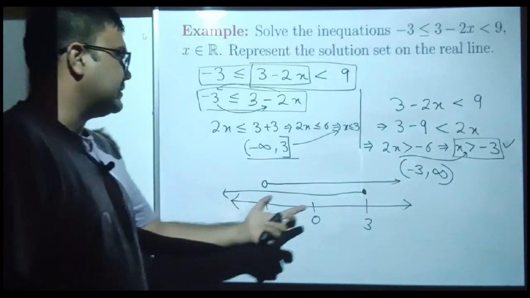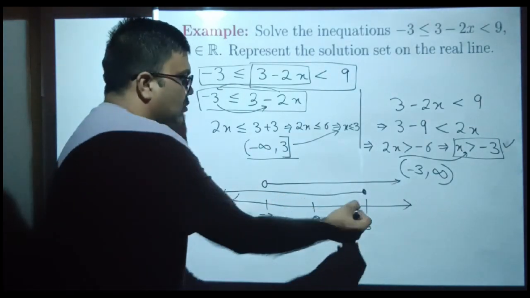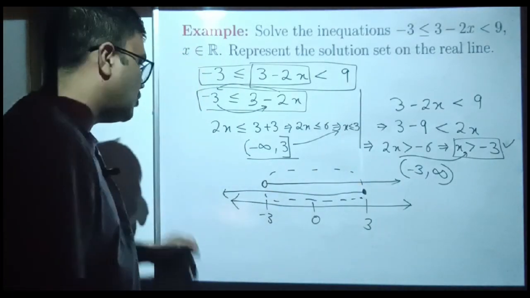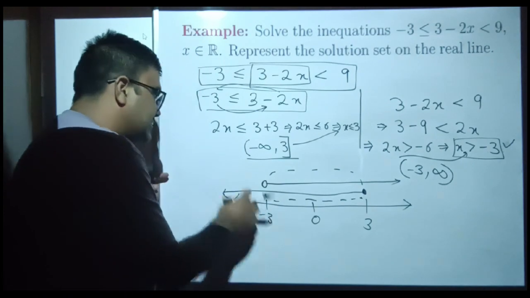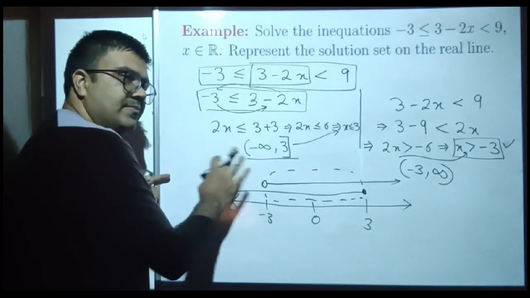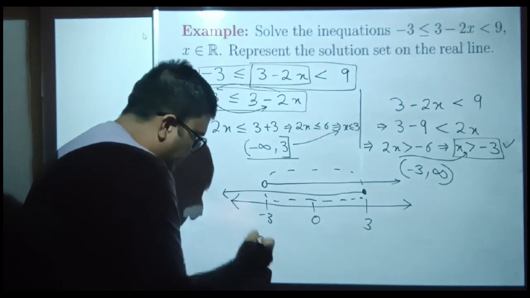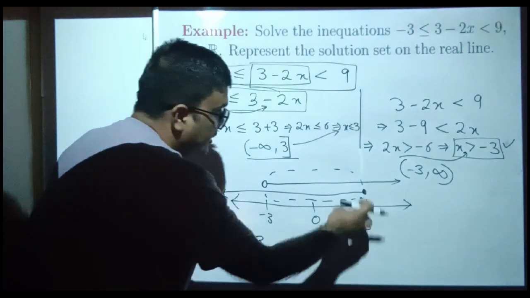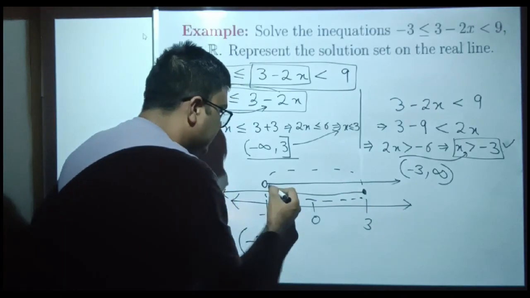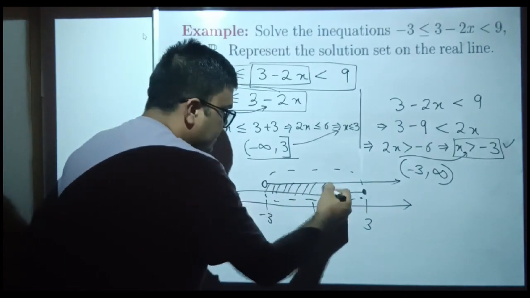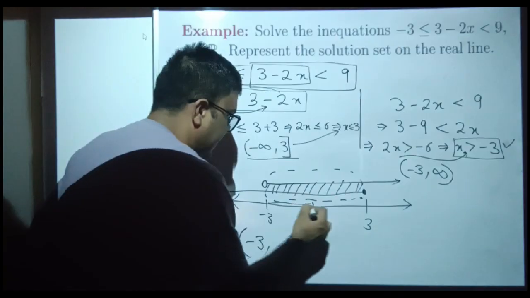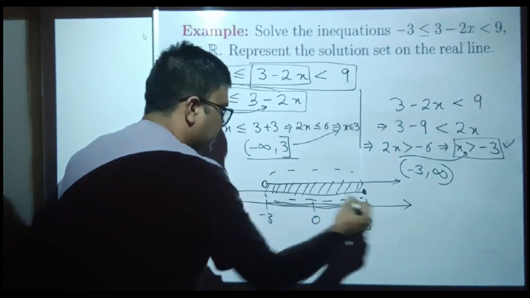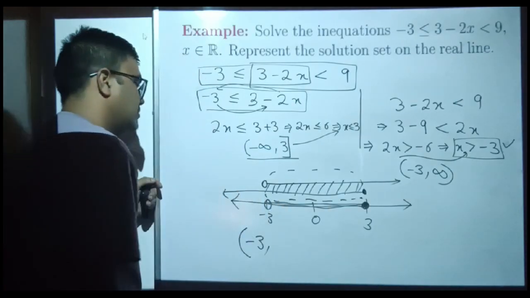We are interested in the intersection, it means we are talking about this common portion. So what is common over here? Is minus 3 included in this interval? No. Minus 3 is not included in this interval. 3 is included in this interval. The common portion we obtain is this region of the line. 3 is included, minus 3 is not included.